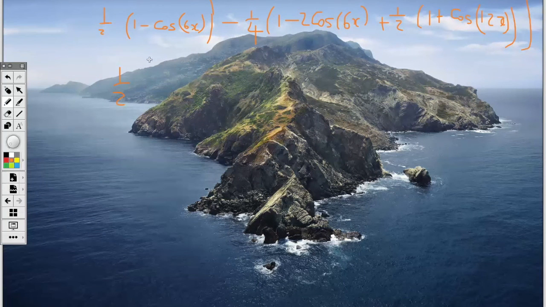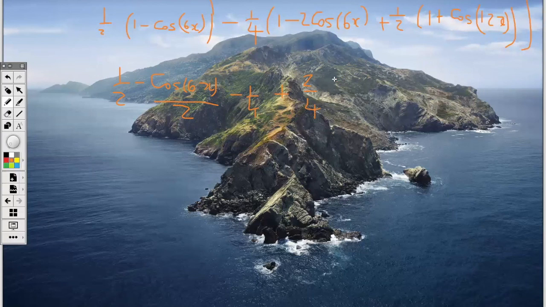Half times minus cos 6x is minus cos 6x over 2. Then minus a quarter times 1, that's minus a quarter. Minus a quarter times negative 2 will give us positive. Now, I'm just going to write 2 over 4 and simplify it further.